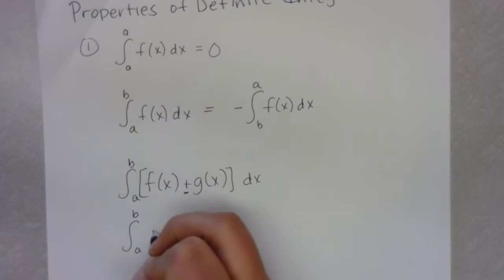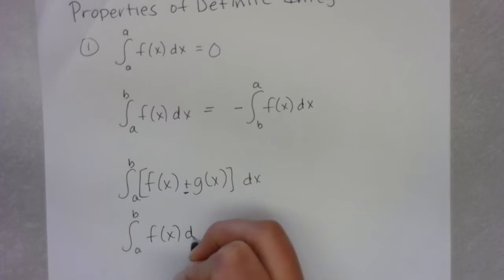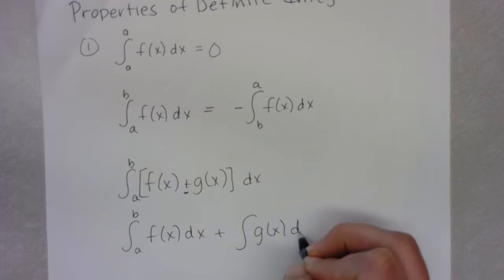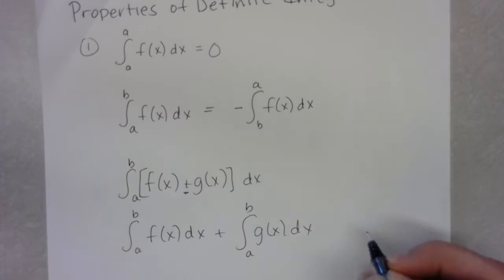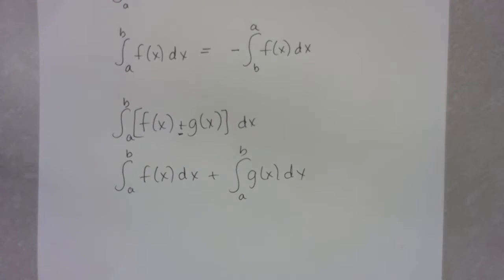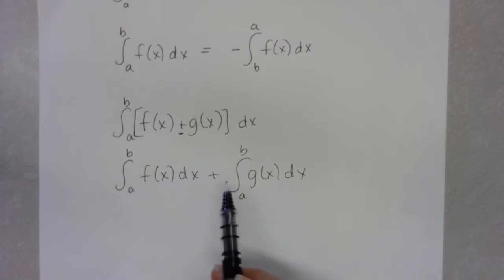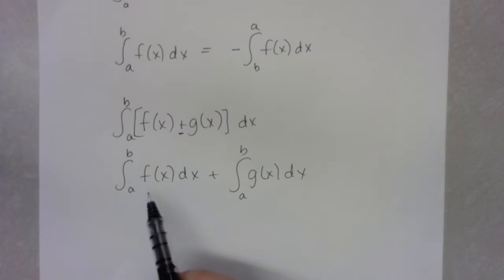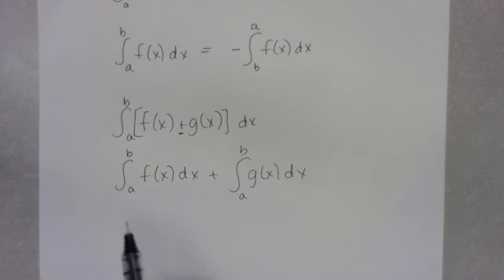I can think of a to b of f of x dx plus the integral of g of x dx from a to b as well. So I can do them separately. This is kind of like when we had derivatives and we had the plus and minuses between them, we could do the derivatives of each term separately. We can also do that with definite integrals. We can look at each term separately.